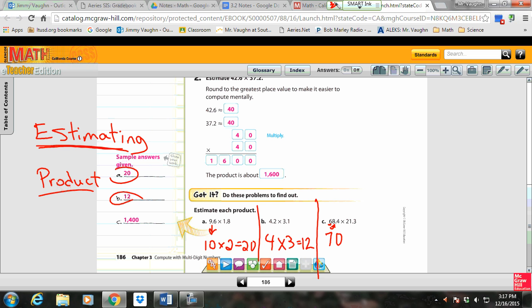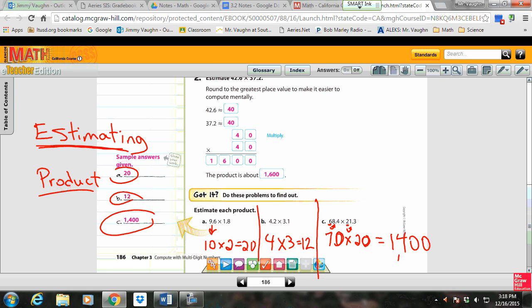You go to the 6 and then look to the 8. 8 is 5 or above, so the 6 gets bumped up. The opposite happens here. The greatest place value is the 2. You look to its right. The 1 is low, so 70 times 20. Use the zero trick right there. 7 times 2 is 14. Then you've got 2 zeros, so your answer should have 2 zeros also. 1400 right there.